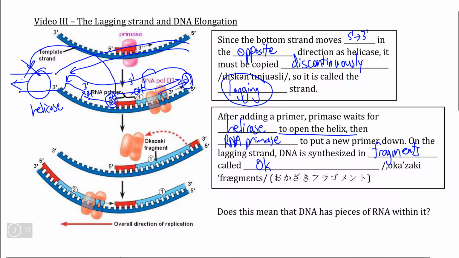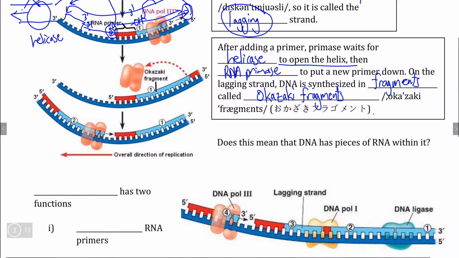And we call these fragments Okazaki fragments, named after the Japanese geneticist who first discovered that this is how the lagging strand replicates. And if you prefer, in the original Japanese pronunciation, Okazaki fragmento, which again is Okazaki fragments, just pronounced the way that fragments would be pronounced in the Japanese language.